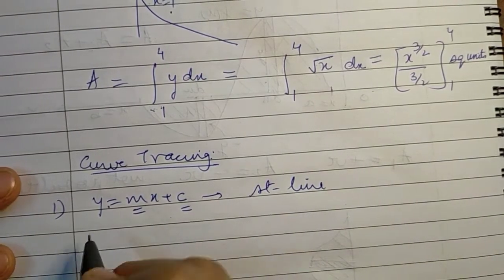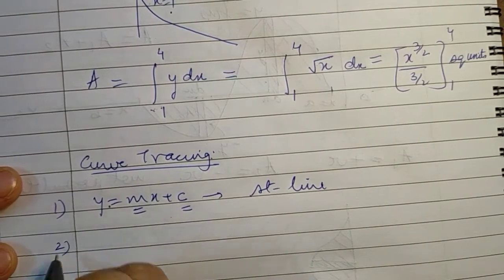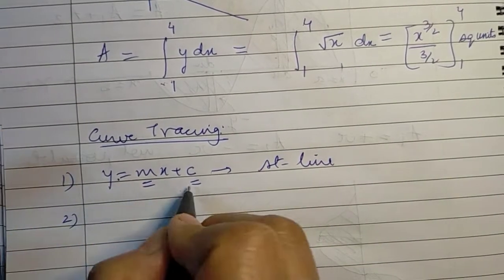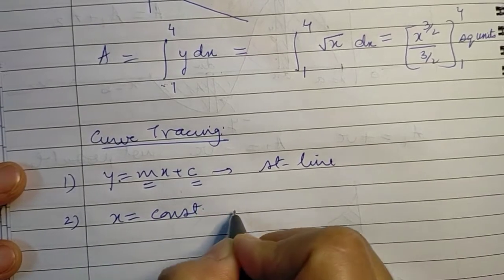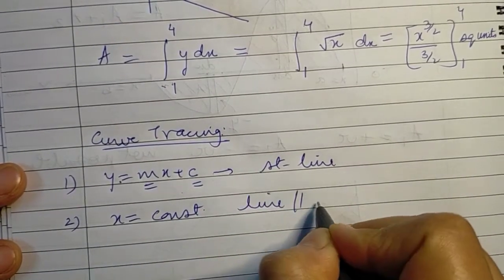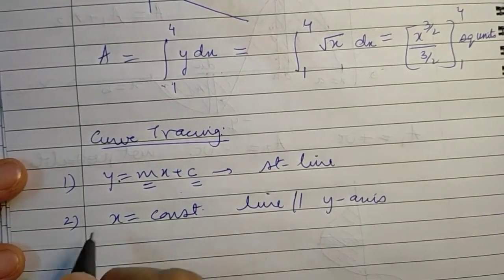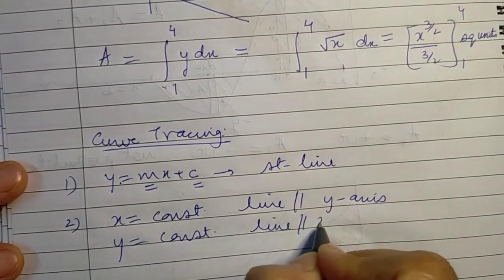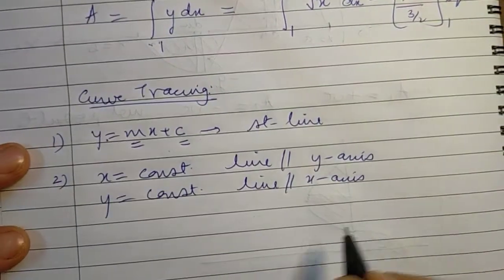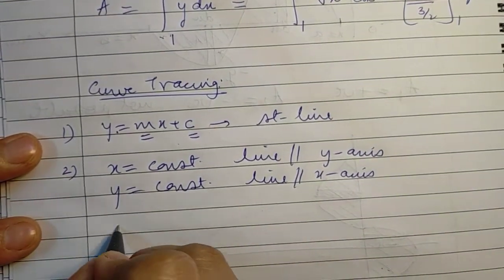Now, going in this manner, we know that x equal to a constant is a line parallel to the y-axis, and y equal to a constant is a line parallel to the x-axis.